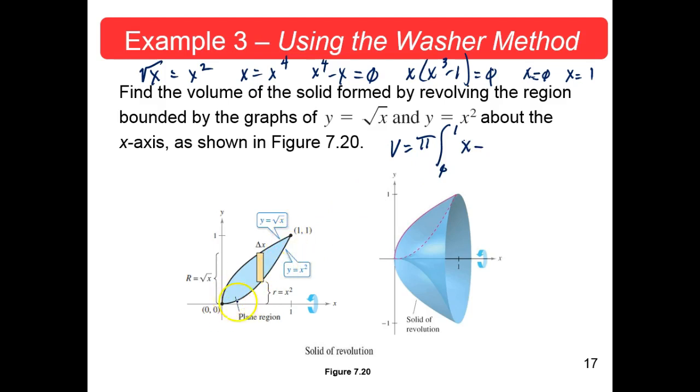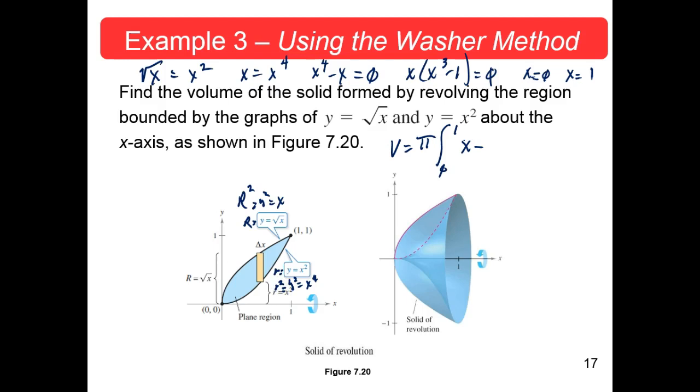Your lower one, because you've got to square these, remember, it's y squared, and y squared equals x to the fourth. You're squaring these because this is your capital R, and this is your little r, so your little r squared is equal to that.